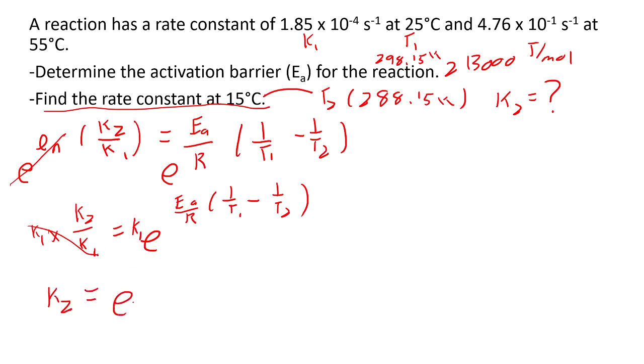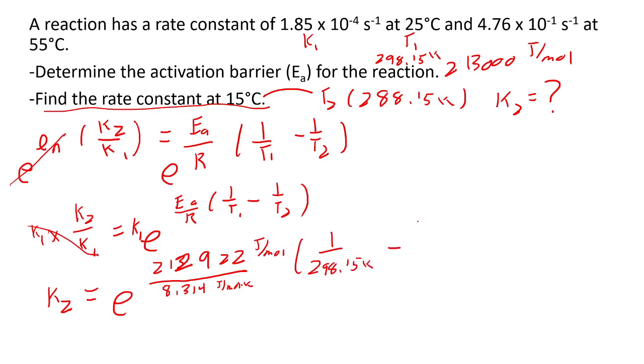So K2 equals e to the, so EA is 213,000, and I'm going to use all the numbers from my calculator to make sure I don't have a rounding error. So this is 212,922. You could use 213,000, you should get pretty close, but I'm going to use this just to make sure. And then it's divided by 8.314 joules per mole Kelvin, times 1 over 298.15 Kelvin minus 1 over 288.15 Kelvin.